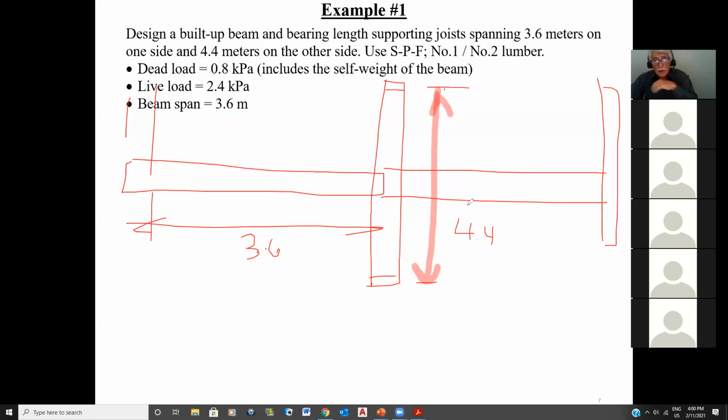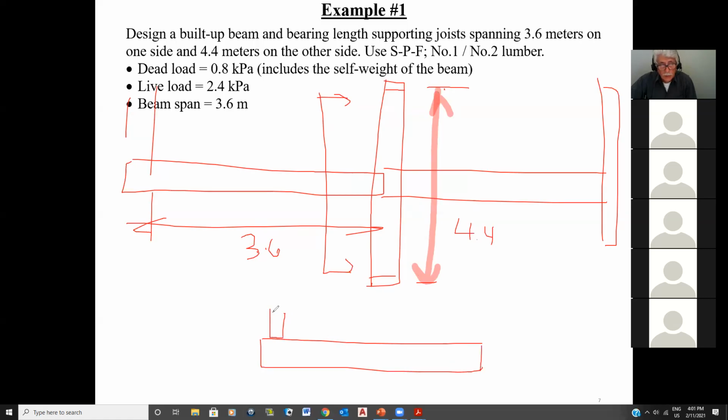If I do a cross section here, I should draw this. What I have here is a beam and the joists are sitting right on, top loaded. And of course it's supported there and it's supported there. And that's my geometry.